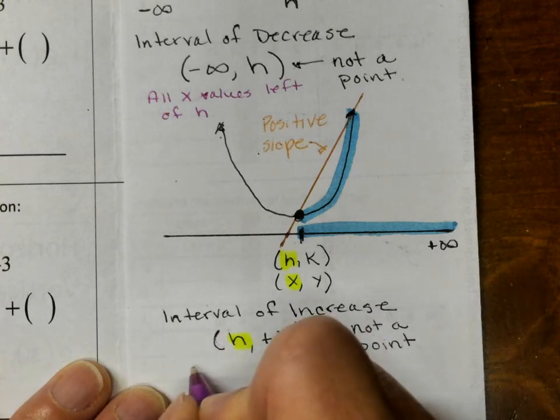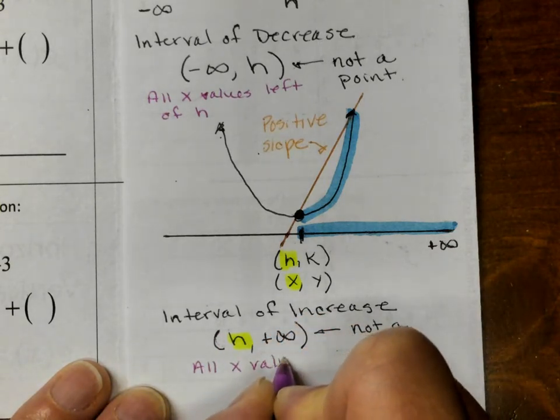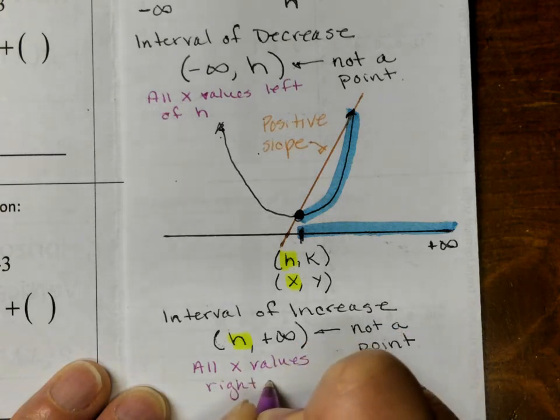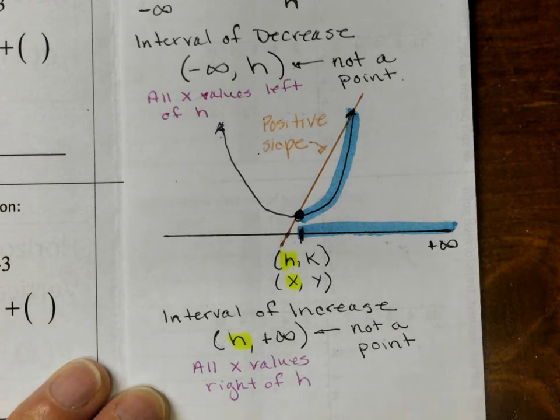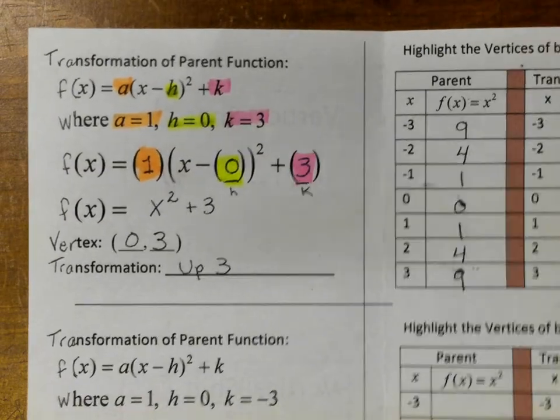So let's write that down here: all x values right of h.